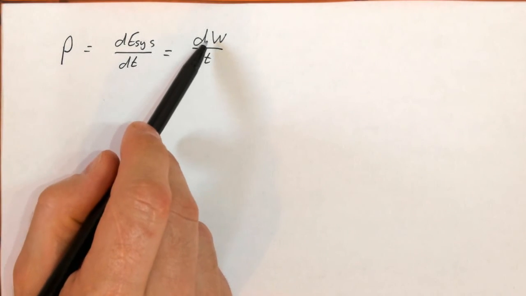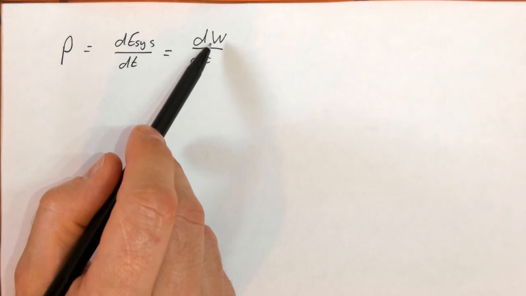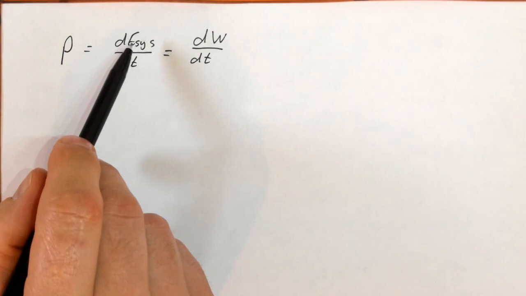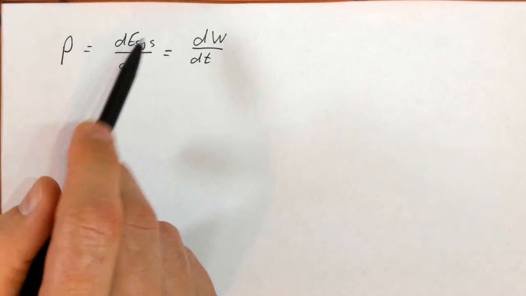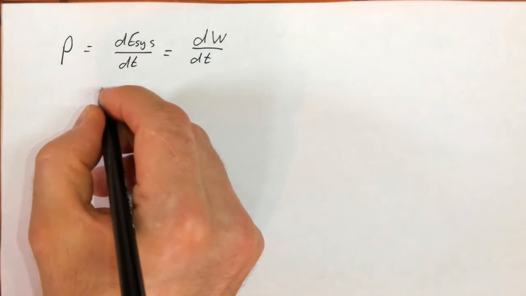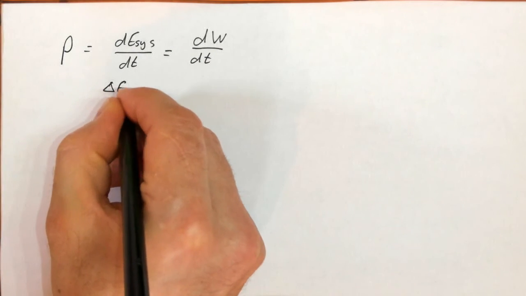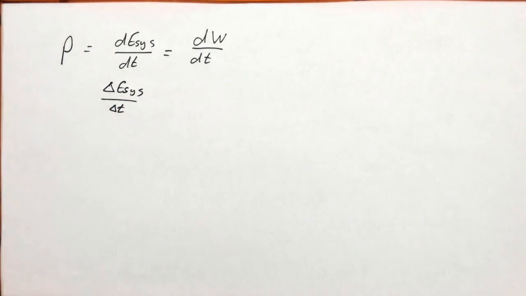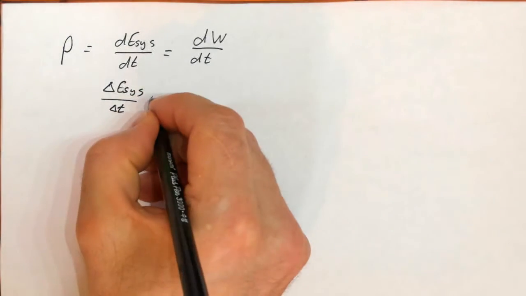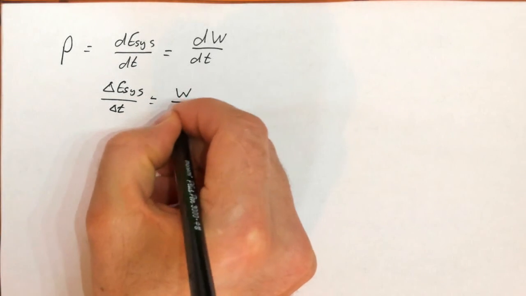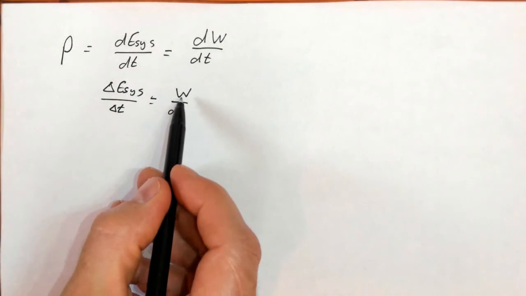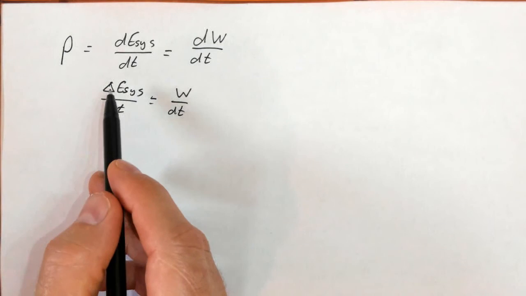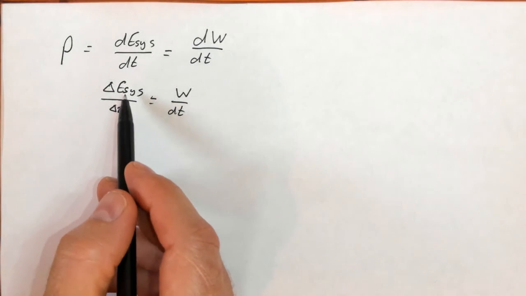Remember, this is just a little amount of work to cause this little change in energy. I could rewrite this as dE system over dt, if the change is at a constant rate, equals just work over dt, because work is defined as a change in the energy of the system.